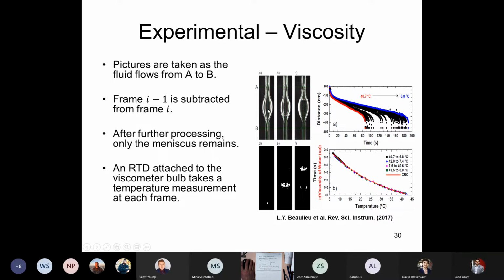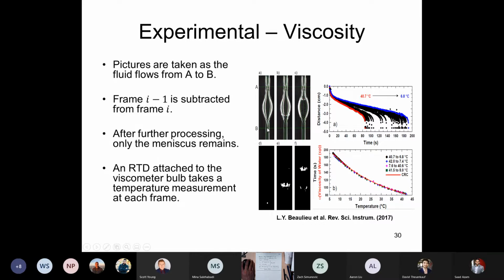What you do is you fill the liquid up to a red line at the point A, and then you just let it drain under the influence of gravity until the fluid goes down to the point B, and you measure that time. And the greater the viscosity, the longer that time is.